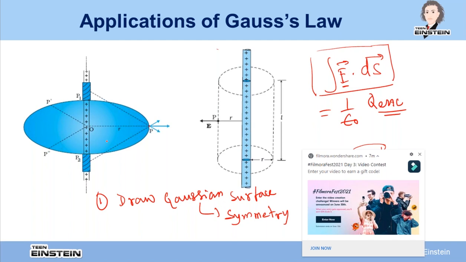Yes, sir. So first what we'll do, we'll draw the Gaussian surface through the point at which we have to calculate the electric field. So suppose they have asked you to find the electric field for an infinitely long, uniformly charged wire.